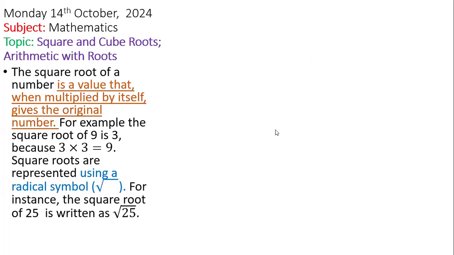For example, the square root of 9 is 3, because 3 times 3 equals 9. Square roots are represented using a radical symbol. For instance, the square root of 25 is written as the square root of 25. All right, thank you.